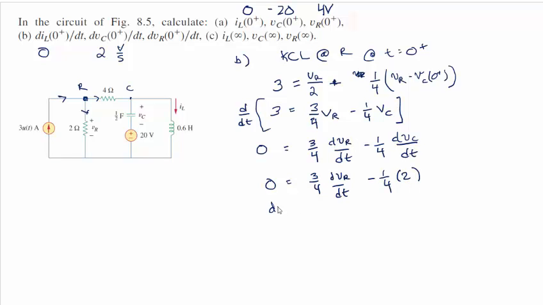Now from the algebra, dVr dt at time 0 plus equals 2 over 3 volts per second.